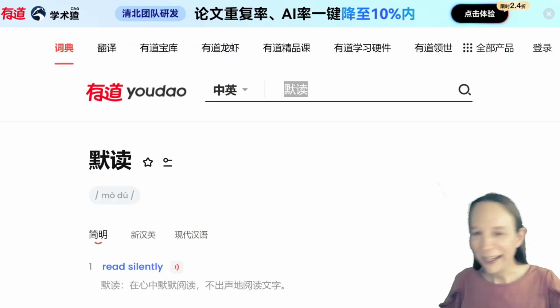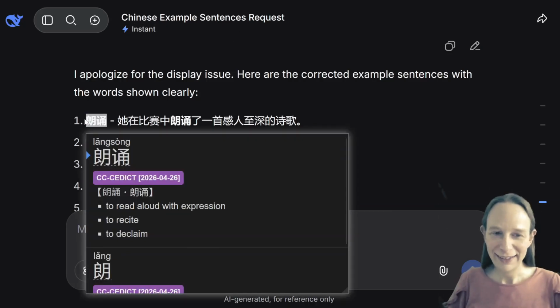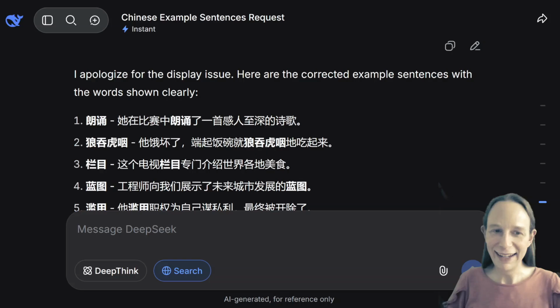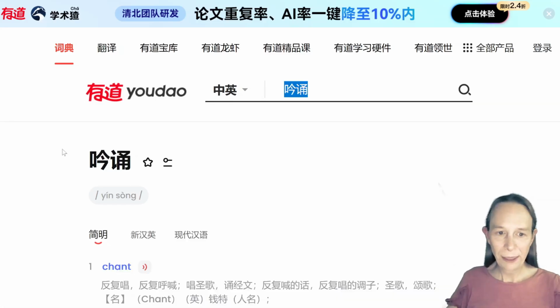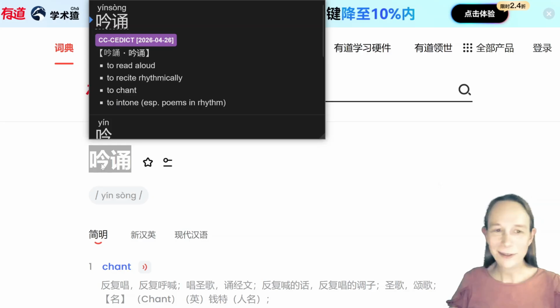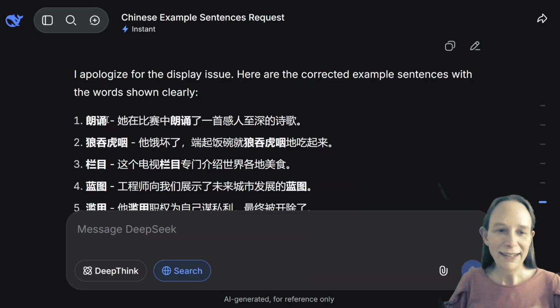And that was 默读ing. All right. So 朗诵. Song is chanting, right? 吟诵, if I remember correctly. 吟诵, chant. So 朗诵 is chant aloud.